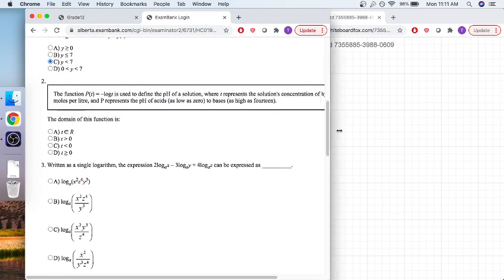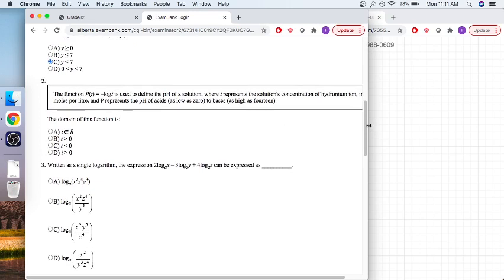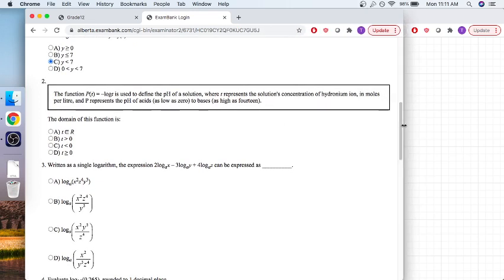The function p of t equals negative log t is used to find the pH of a solution, where t represents the solution's concentration of hydronium ion in moles per liter, and p represents the pH of acids as low as 0 to bases as high as 14.